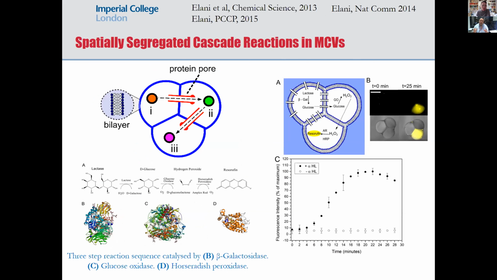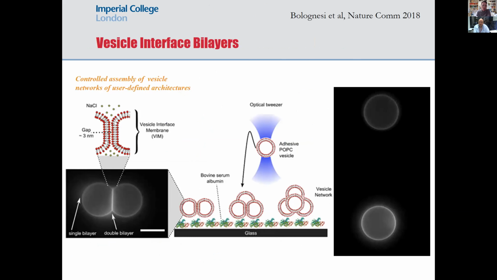We constructed these where in some cases we had alpha hemolysin as a set of pores between different interfaces to allow the reactants to flow in a certain direction, or you change the order of the enzymes, and only when you had the right order of the enzymes and all the compartments connected do you have a situation where the lactase comes in and is processed by the enzymes to produce resorufin. But the key thing here is that the enzyme cascade, and the chemical you produce, is defined by the order and the sequence of the different enzymes you can put into these different subcompartments. So that was a really nice piece of work we did a couple of years ago.